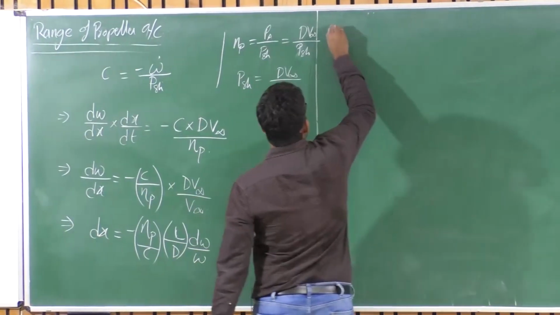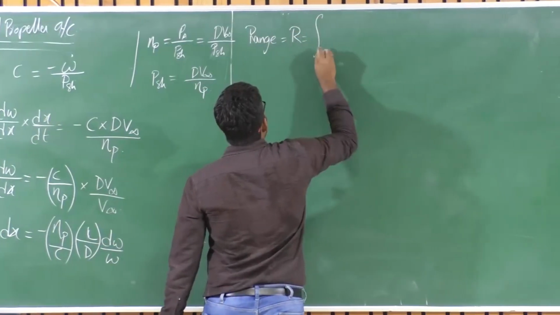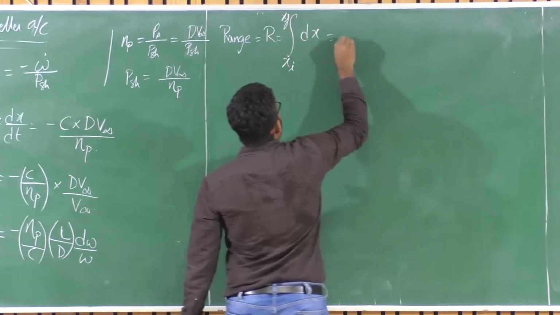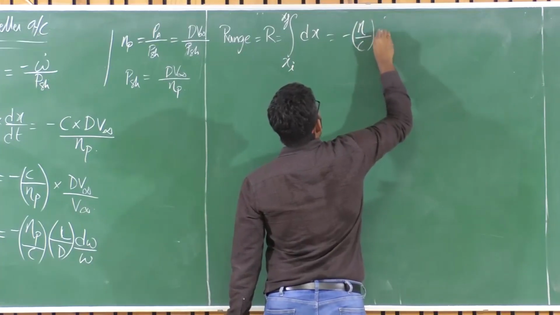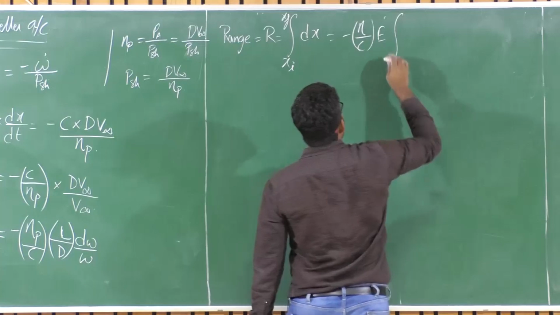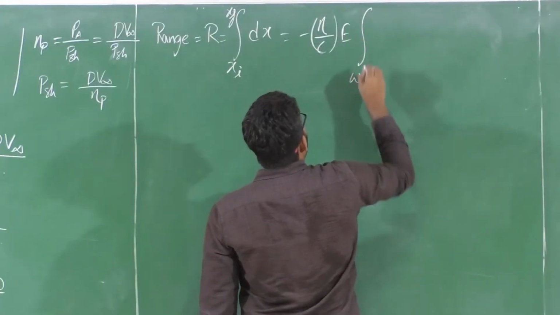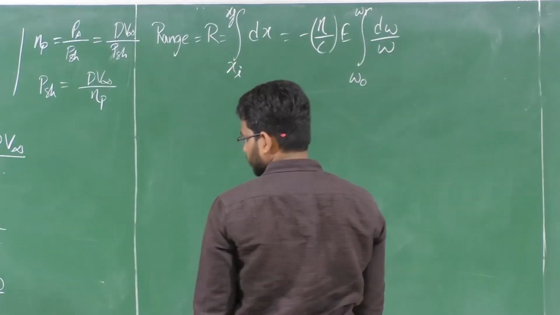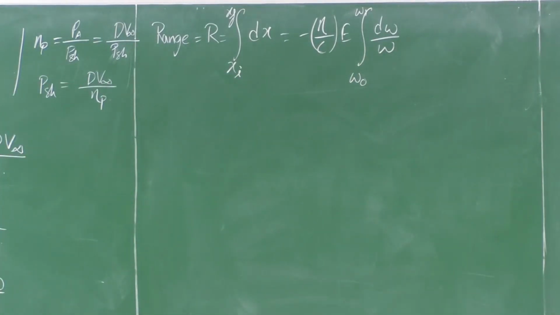So the range R is the integral of dx from xi to xf, which is equal to minus eta upon c times the integral, assuming constant angle of attack, which is true for level flight, from W naught to W1 of dW upon W. So the maximum range occurs when E is maximum, isn't it?